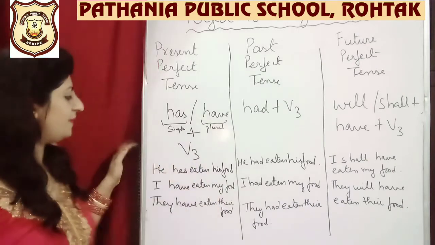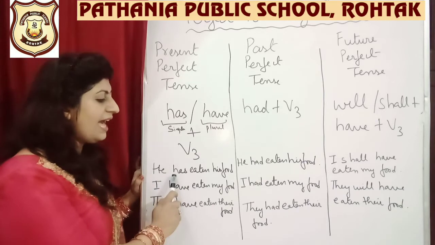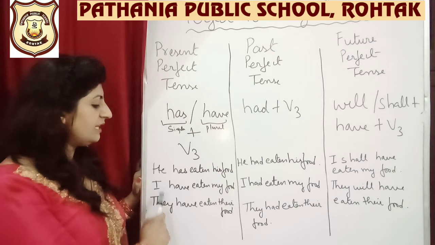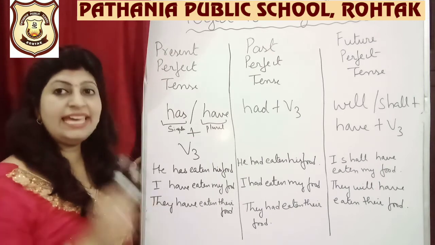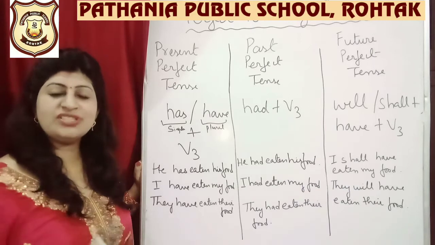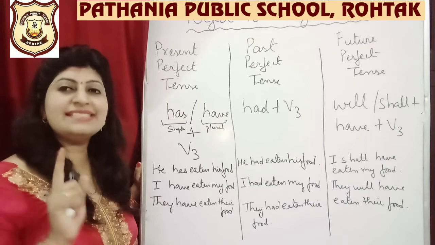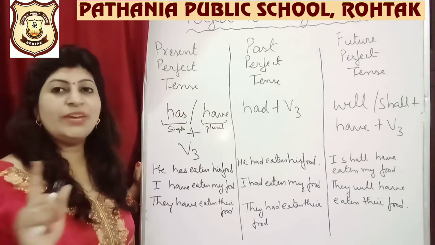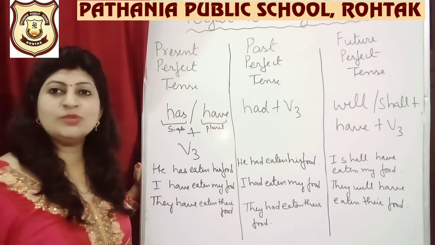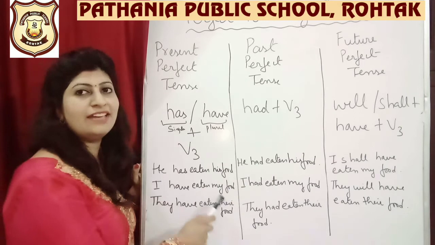For example, he, that means one boy, he has eaten his food. When I'm talking about they, I use they have eaten their food. Now one exception you need to remember here is, although I means a single person, yet we don't use has with I. What do we use? We use have. I have eaten my food.